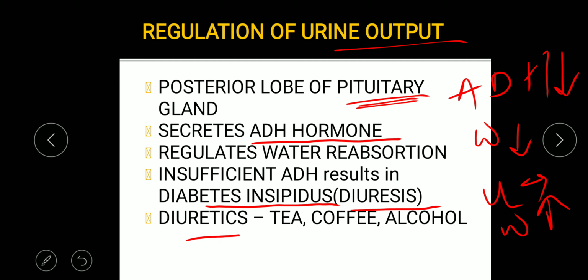The substances which increase diuresis, or increase the formation of urine, are known as diuretics, and examples of it are tea, coffee or alcohol. So this diabetes insipidus is the type 2 diabetes.